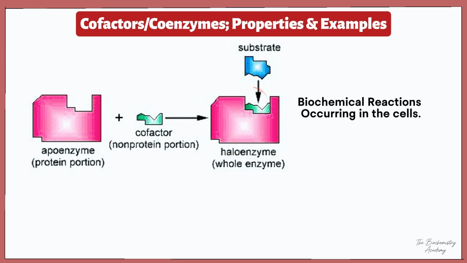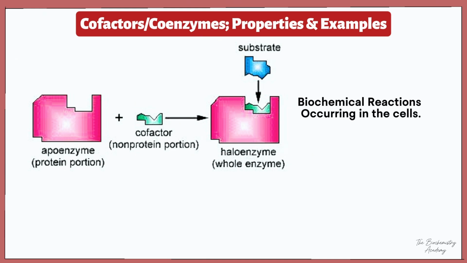And if this enzyme loses its cofactor, the enzyme is called an apoenzyme. So an apoenzyme plus its cofactor is called a holoenzyme. Now, the apoenzyme is usually non-active and it needs its cofactor to carry out its function.